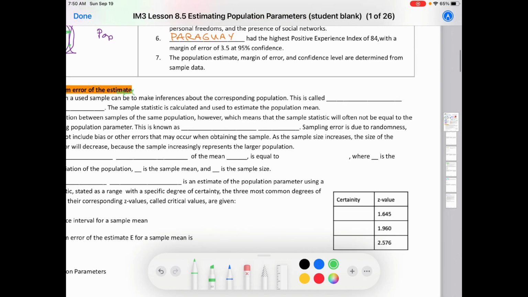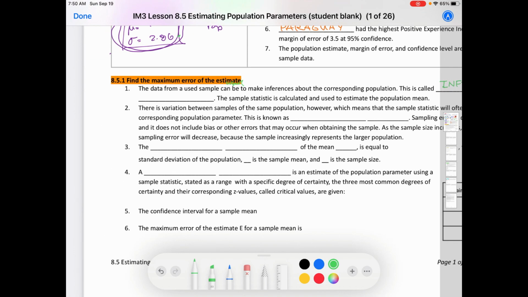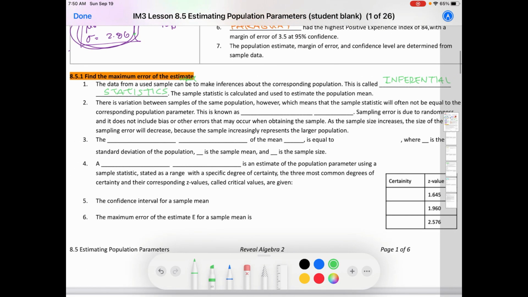This is called inferential statistics. The sample statistic is calculated and used to estimate the population mean, right? Whatever candy comes out can tell us what's actually in the machine. We're making an inference or a conclusion about what's inside the machine.